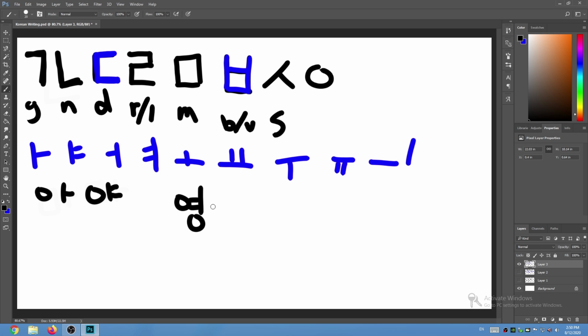But the next one, actually the next two, kind of get confusing because they get mixed around a lot. So we've got here, this is jigut, and we've got chigut. As you can see, they're very similar, but we have this one line up here. So this one actually has more of a J sound, like jumping J, where this one has more of a CH sound, like chicken. When you see in Korea the neon lights, chicken is written there.